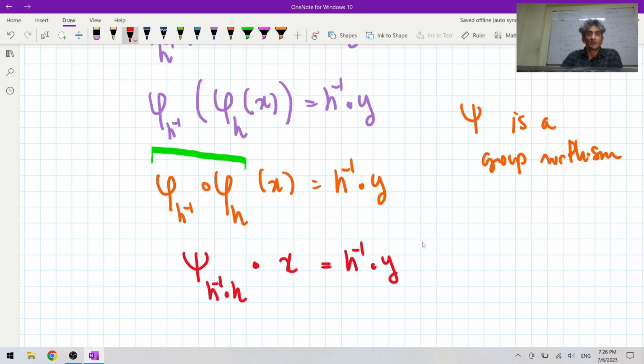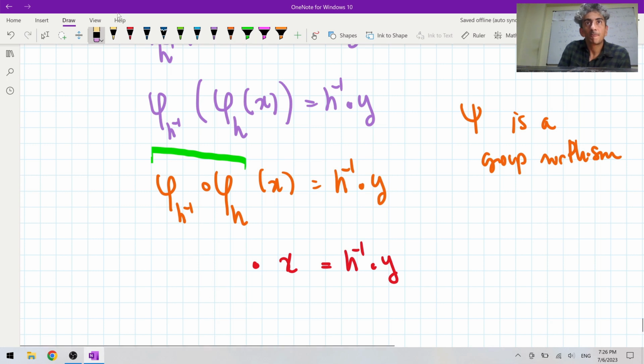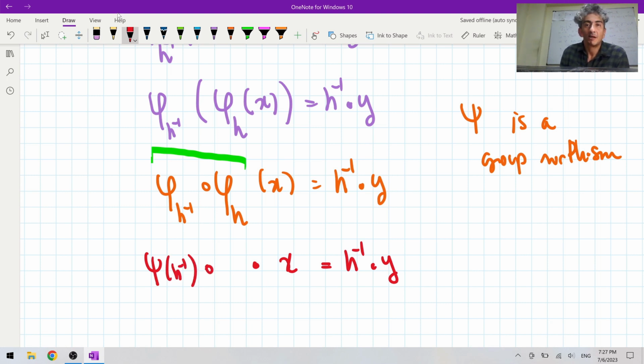We can show, maybe we can, this is not the right notation. This is simply, let's use it like this. This is psi at h to the minus 1, composed with psi composed with h.